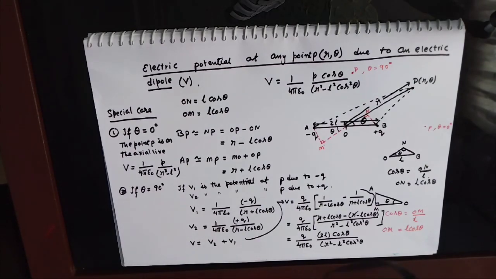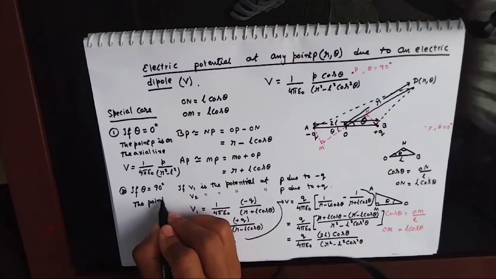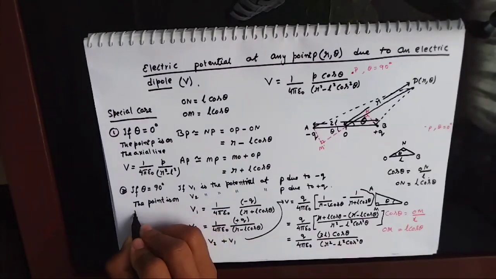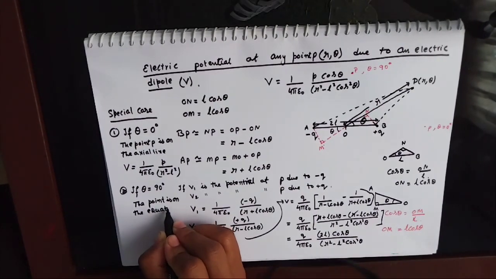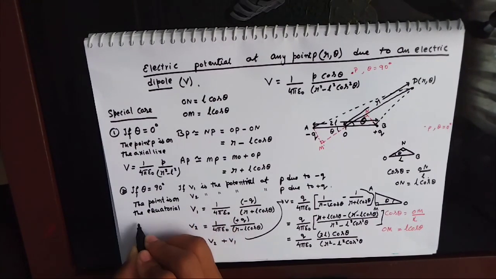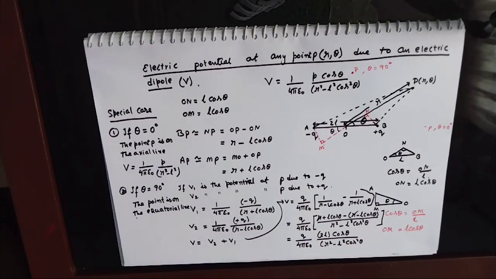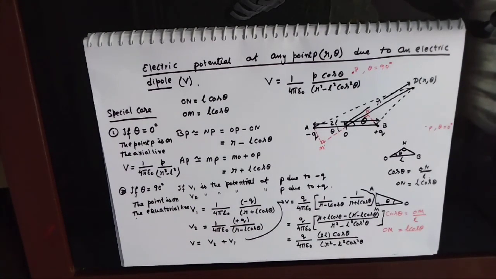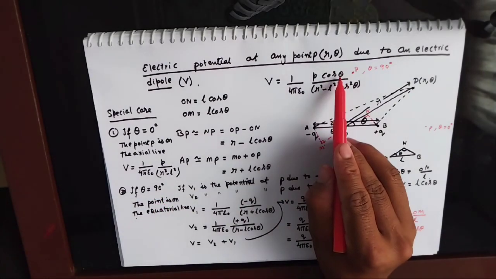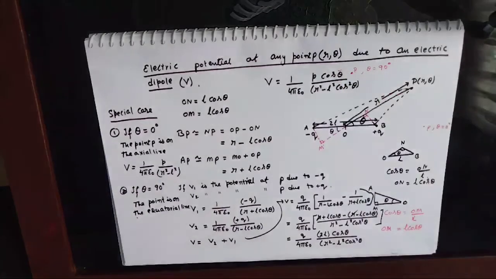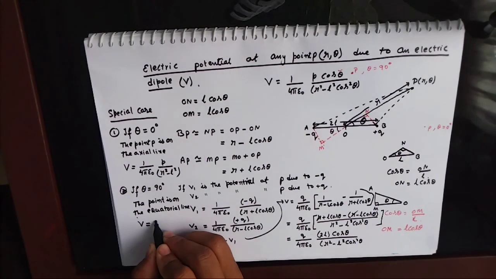So if theta is 90 degree, the point P is on the equatorial line. In that case, as you can see, if theta is 90 degree, what is cos of 90? Cos of 90 is 0. So the potential is 0.